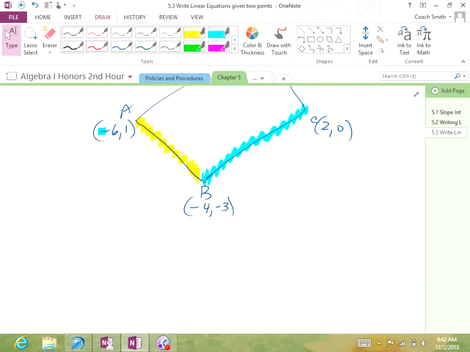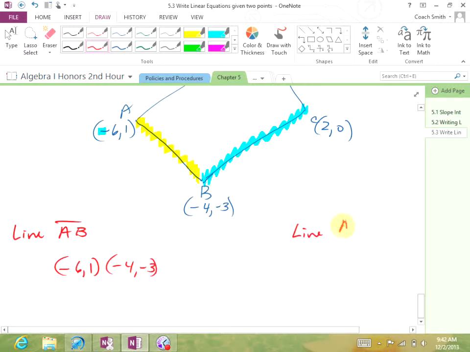First I take two points and look at line AB and come up with the equation of that line, using negative 6, 1 and negative 4, negative 3. Then I come up with an equation for line segment BC, using negative 4, negative 3, and 2, 0.